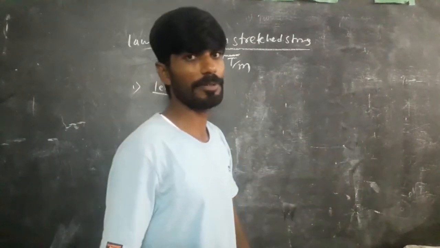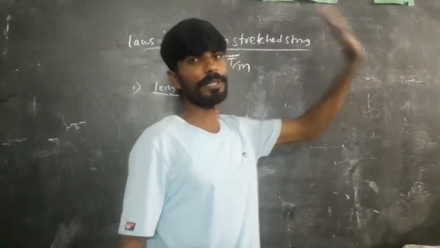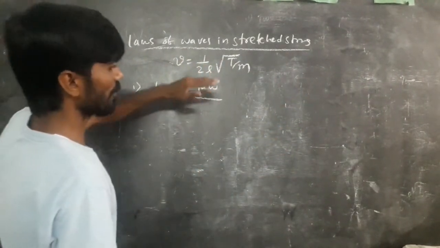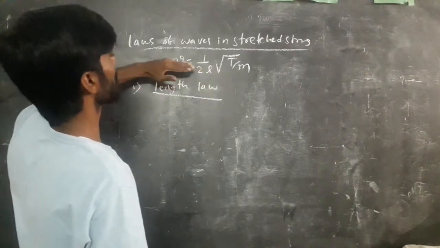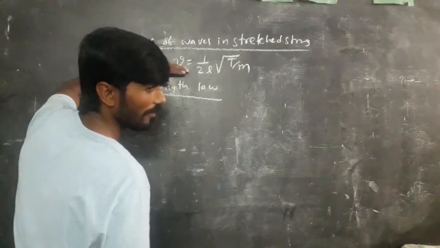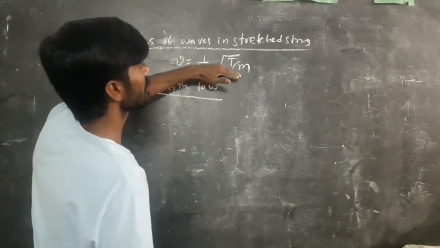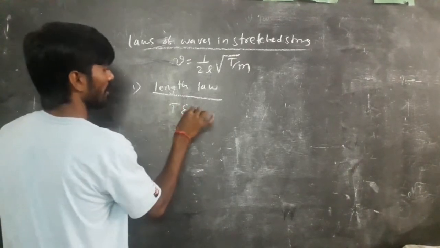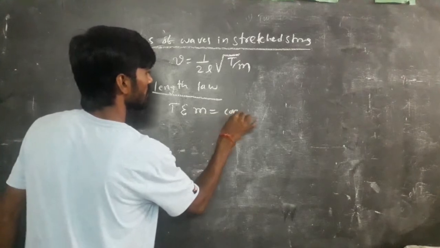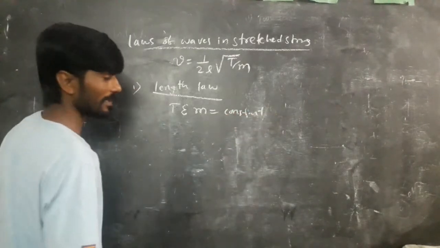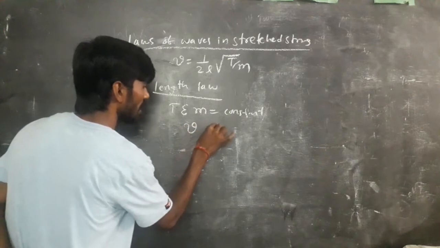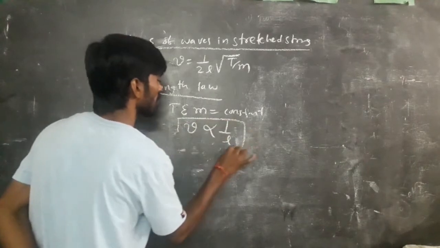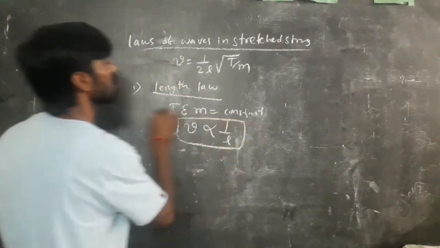Length variations change when we select different lengths like those nodes. So the length law: if you are discussing the length with respect to the frequency, at that time the linear density and the tension are constant. When tension and linear density are constant, the frequency is inversely proportional to the length of the stretched string.